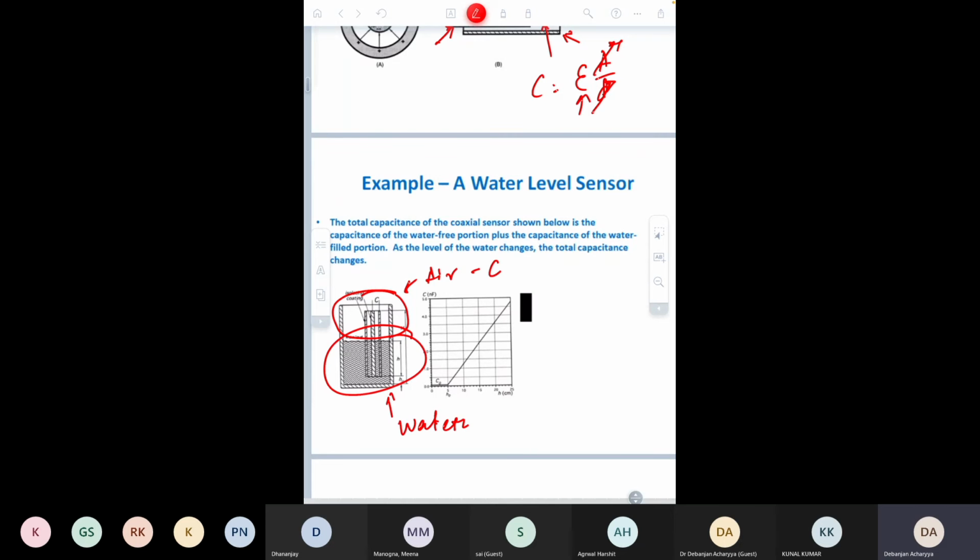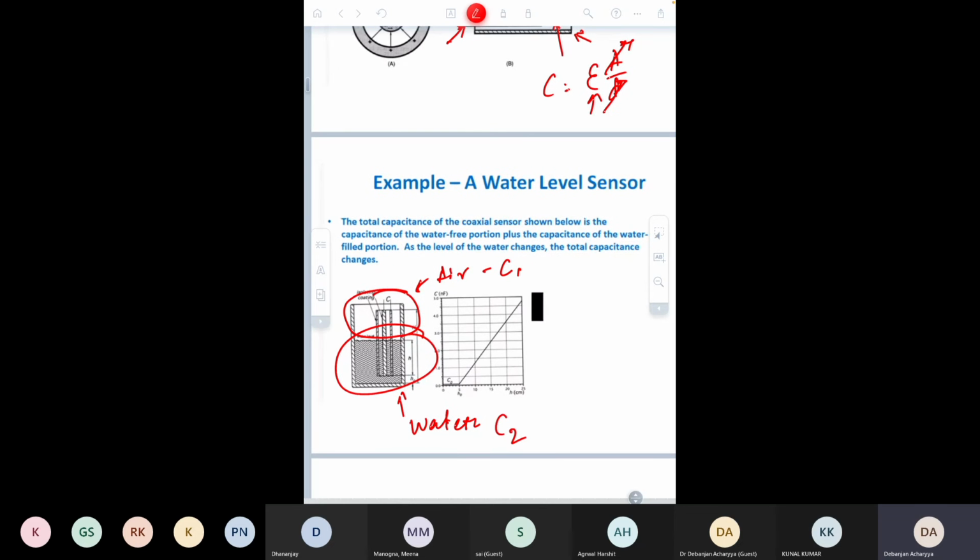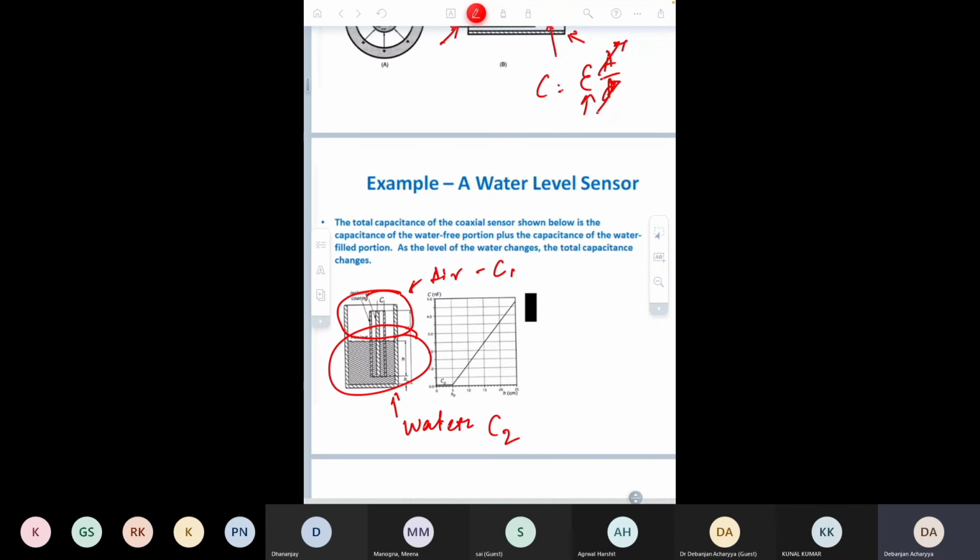So here you will find one capacitance C1, and over here another capacitance C2, and the total capacitance of this coaxial sensor is shown below: the capacitance of the water-free portion plus the capacitance of the water-filled portion. As the level of the water changes, the capacitance also changes, and that can be measured, or calibrated in terms of level.